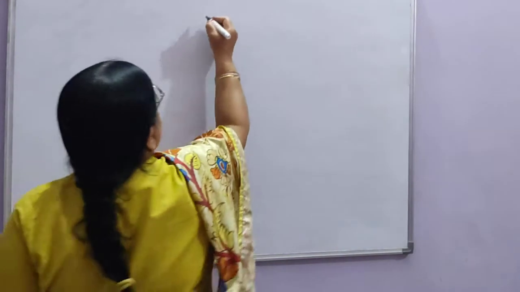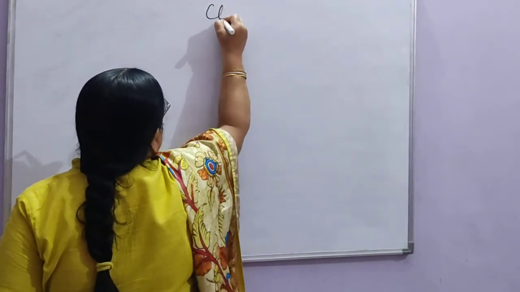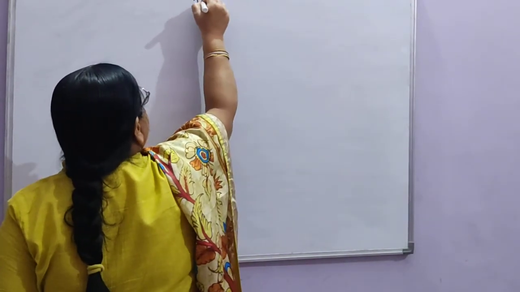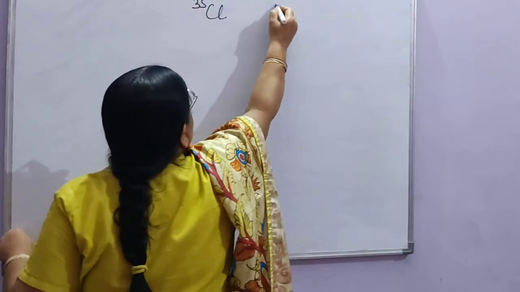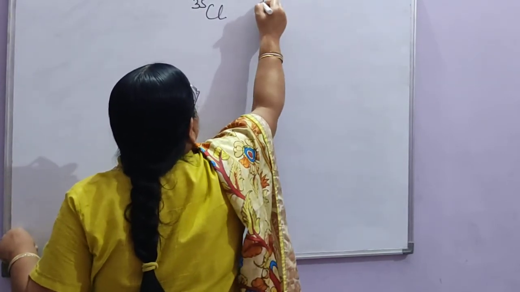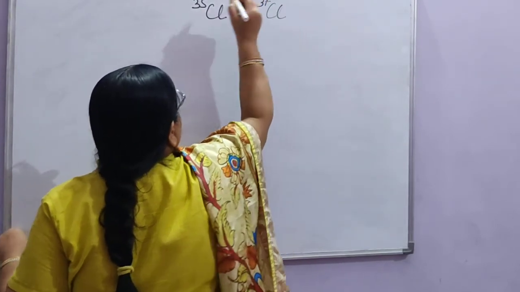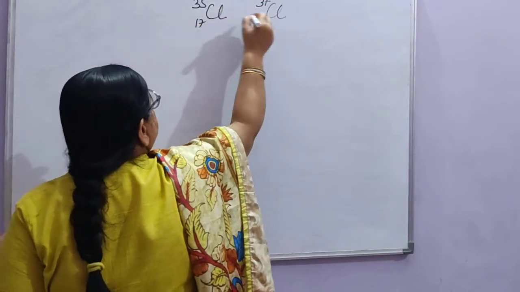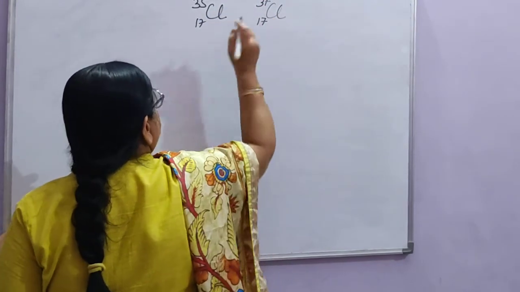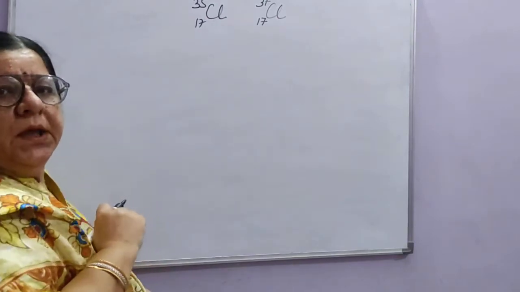Now, if we see this chlorine, just now we did chlorine, it occurs in nature in two forms. Chlorine 35 and chlorine 37. Right? The atomic number is the same in both cases, 17.